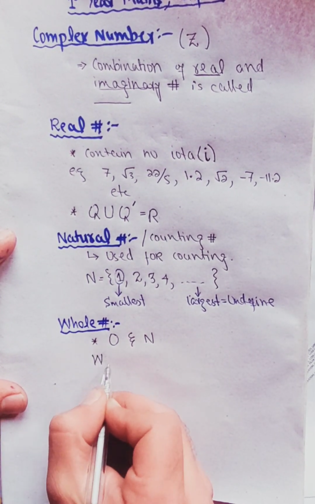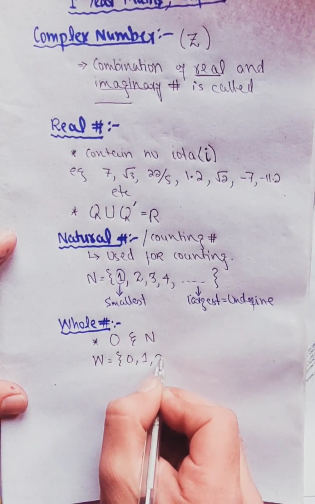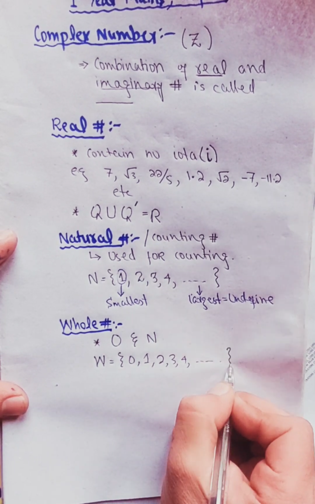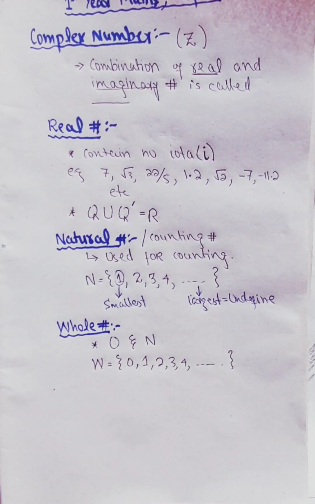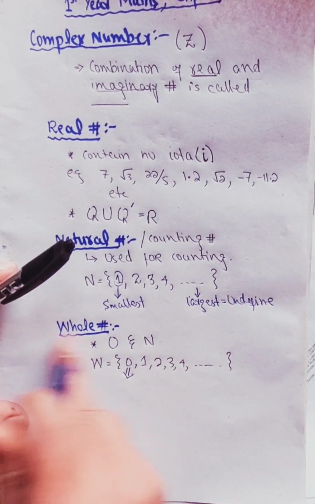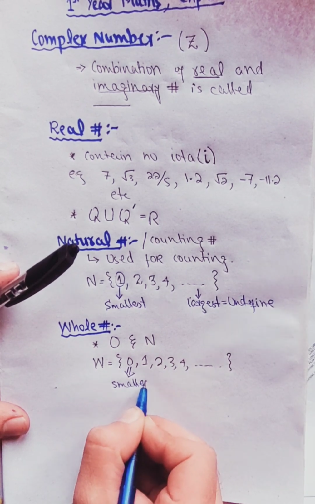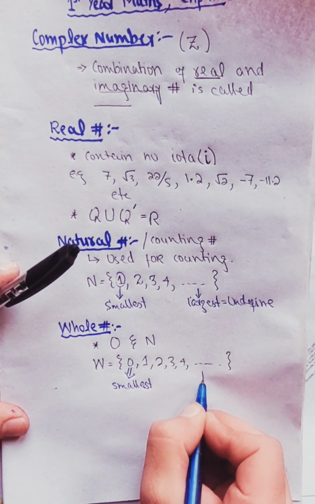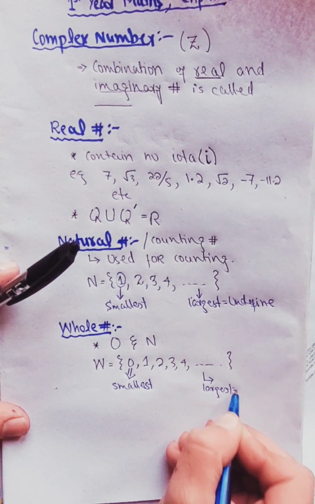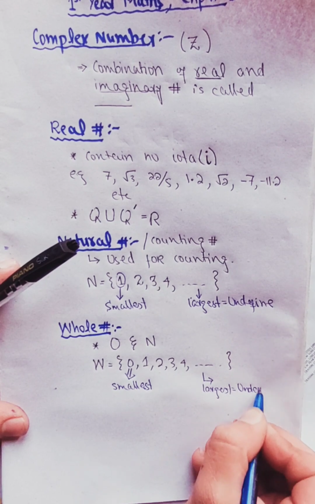Whole number is denoted by capital W and it starts from 0, 1, 2, 3, 4, 5, 6, 7, 8, 9, 10, 11 and so on up to infinity. What is the smallest number in whole number? So the smallest number is 0. What is the largest? So that is undefined. हमें पता नहीं कि what is the largest whole number.